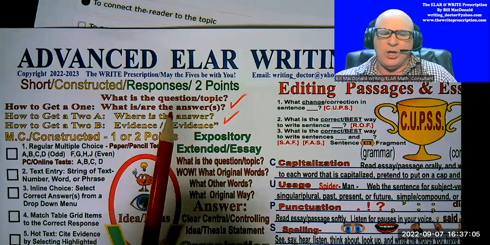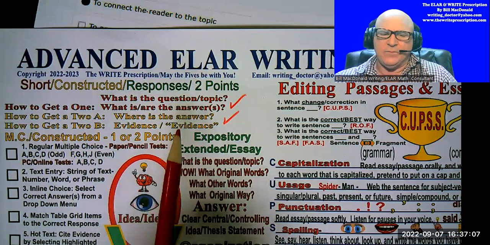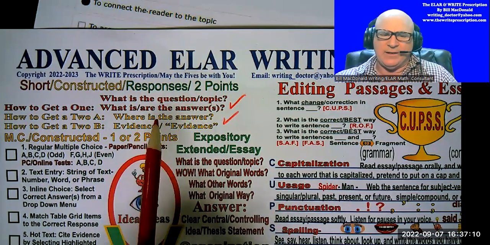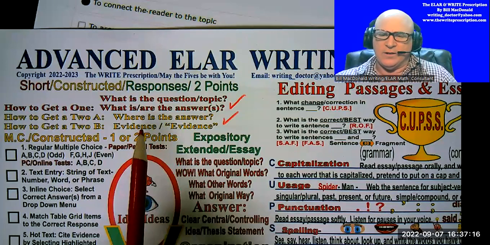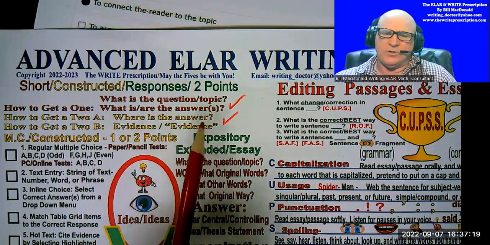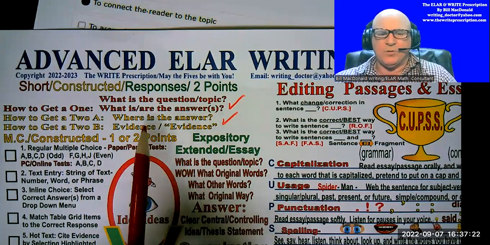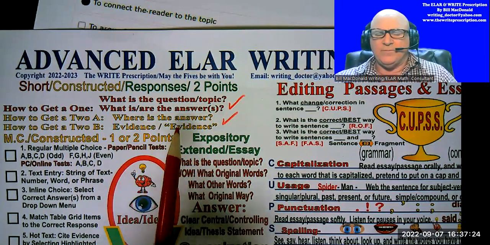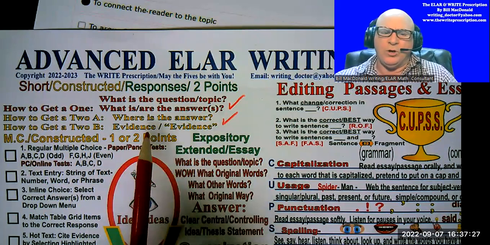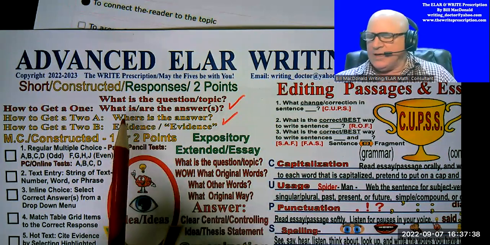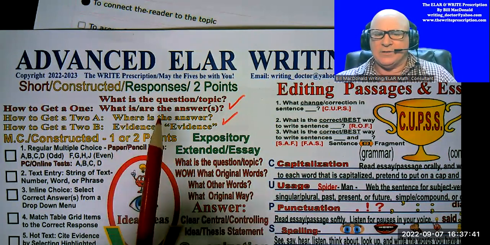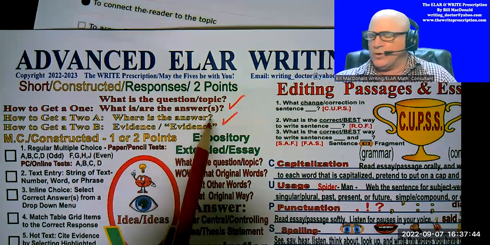And if you can tell me where is the answer, yellow light, and what is the actual evidence, in other words, the text, either with or without quotations, because as you're going to notice in these examples that I'm going to show you, sometimes they put them in quotations, sometimes they don't, and sometimes they don't even tell you where the evidence is at. They just give you the evidence. So as long as, apparently they're not very picky, as long as you do both things, then you can get the 2 points on short answer.